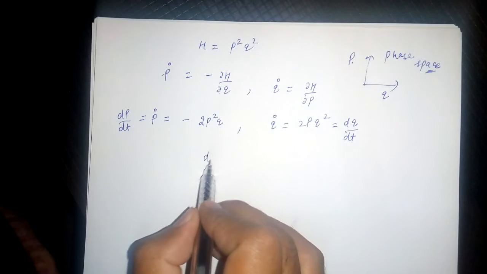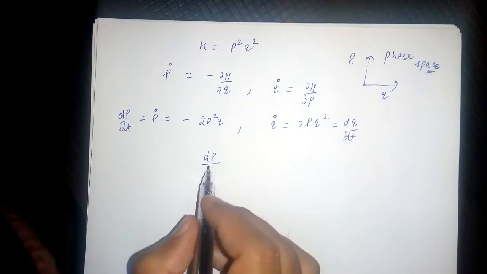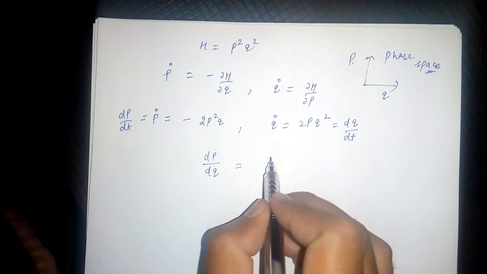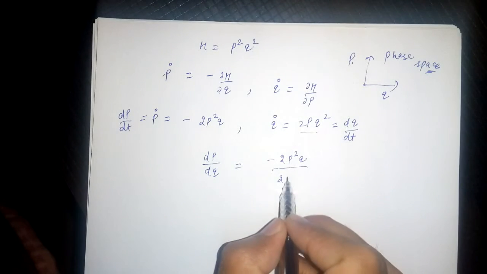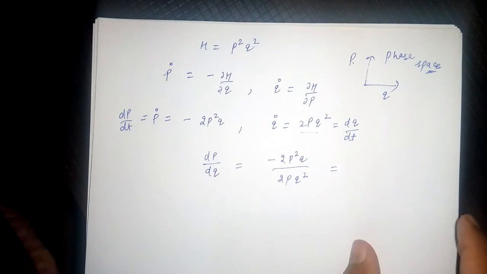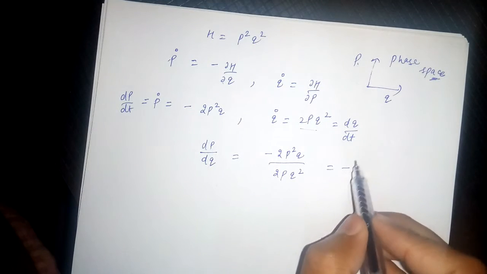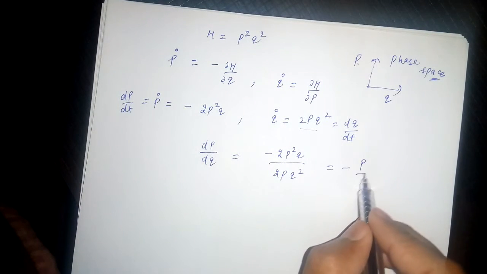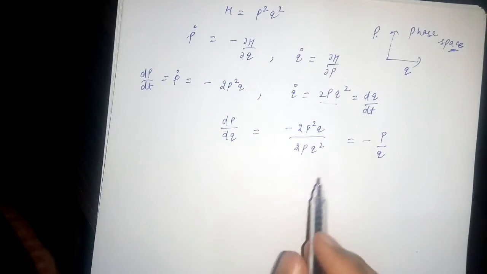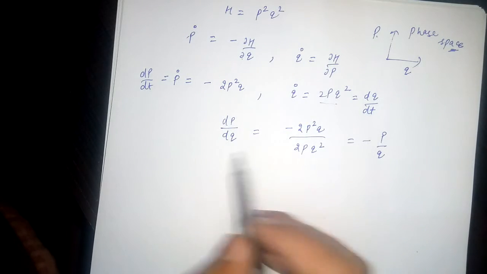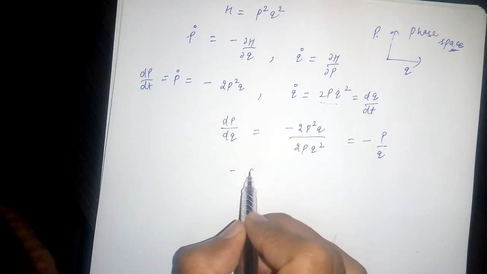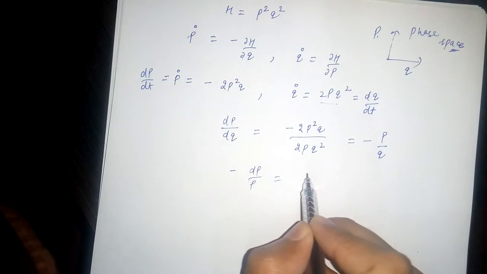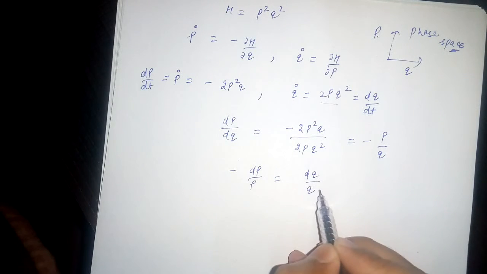Divide both, dP by dt upon dQ by dt. dt will be cancelled out, and we will get 2P square Q divided by 2P Q square, which is P by Q. So here just take P on this side and Q and dQ on this side, and it will be dP upon P equals minus dQ upon Q.